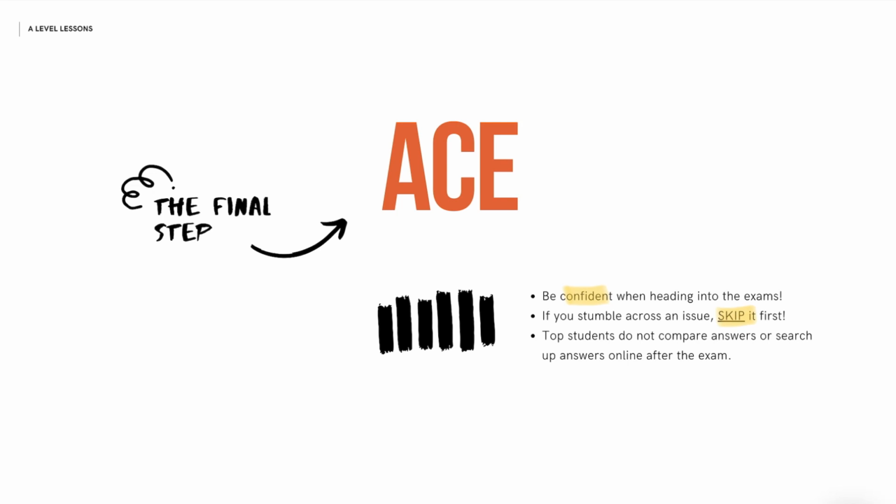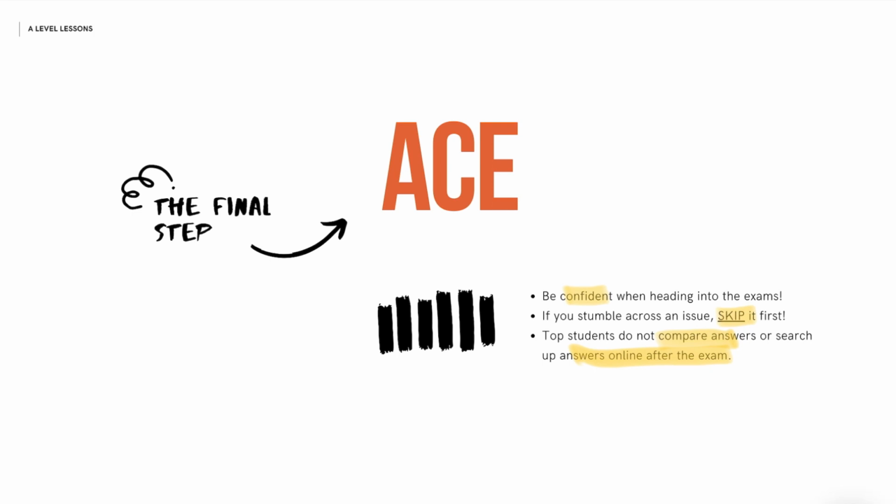Right, lastly is a pro tip, right? Top students don't usually compare answers or search up their answers online after the exam, right? So things like going to Reddit, going online to search for examples of the answers, for answers themselves. Try not to do it, because if you find that, let's say you get a few questions wrong, very often you may tell yourself otherwise, but very often your mental state will actually be affected, and you start to overthink about whether perhaps most of the questions you answered were wrong, right?